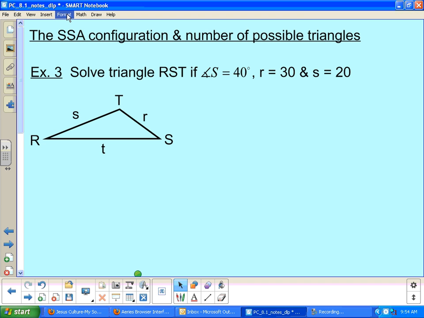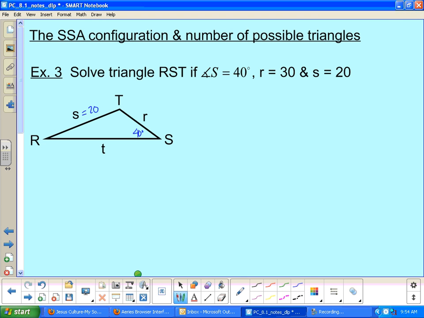So when I have a side given to me, and then another side, and then just an angle, one of the sides will have the angle related to it, and the other side will be adjacent to the angle. In this triangle we had angle S, which is 40, and across from angle S we knew its length. So we knew that relationship occurs.